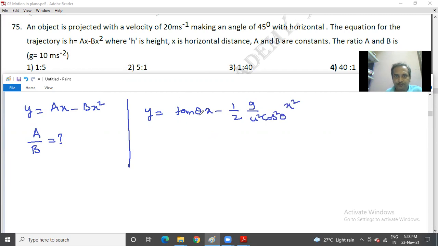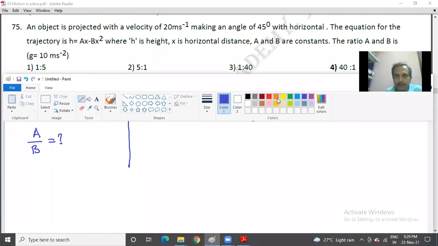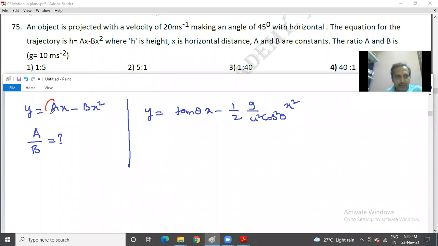Now let us compare. So a is equal to tan theta. What is theta given in the question? 45. So therefore a is equal to tan 45, which is equal to 1.